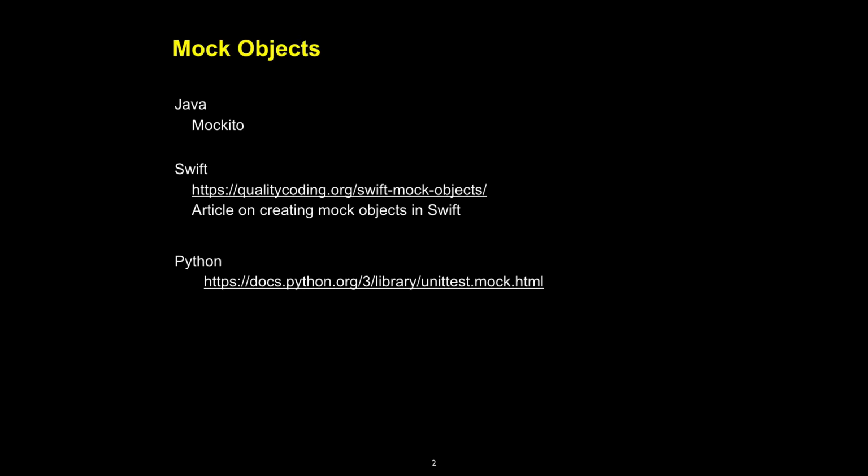If you're a Java person, Mockito is pretty popular to create mock objects for you, so you don't have to do it manually. Python people, there's a built-in library that comes with Python that does it. The Swift people, there's no mock object library, but there's a posting that talks about how to build your own mocks.